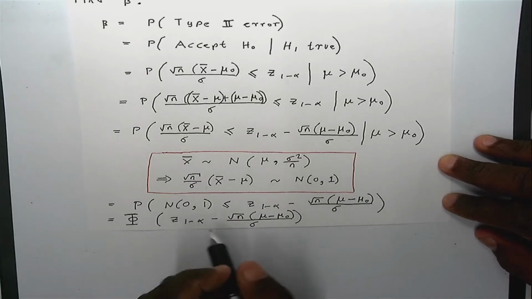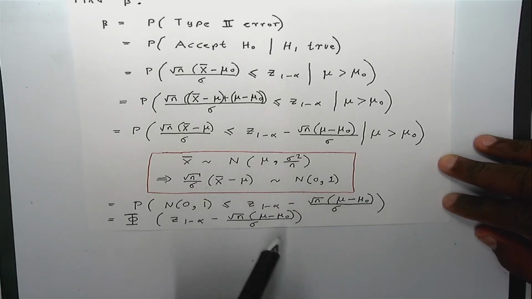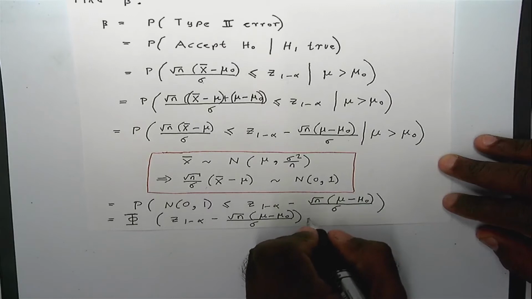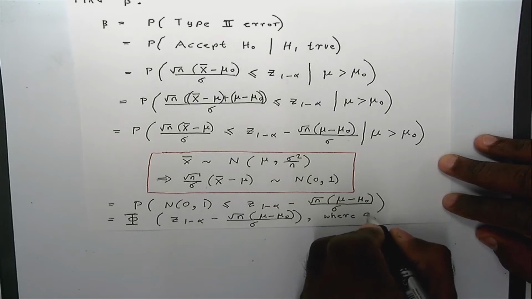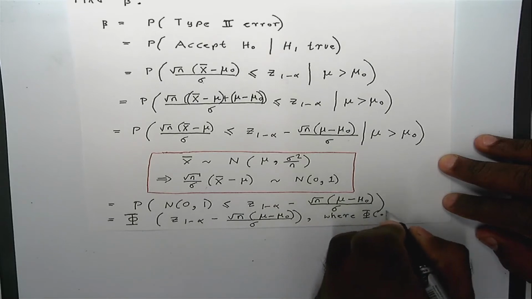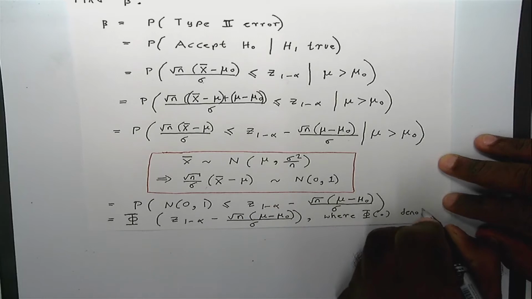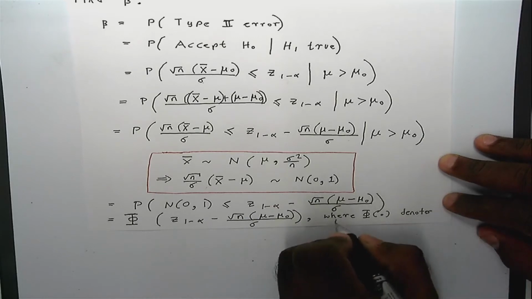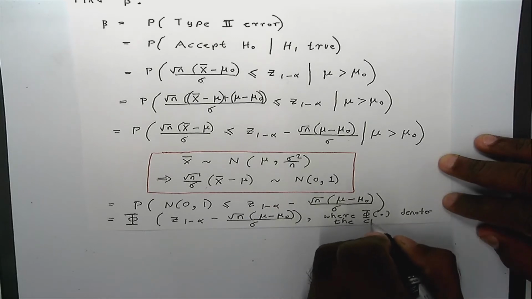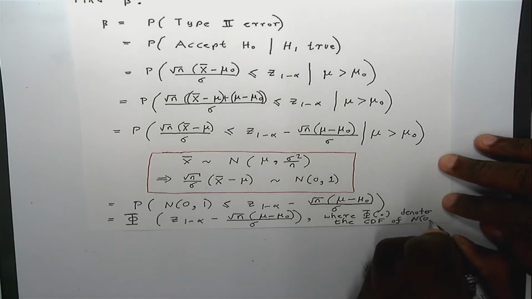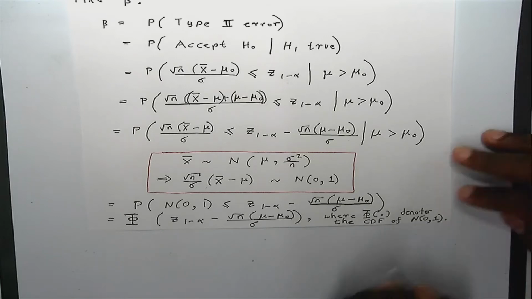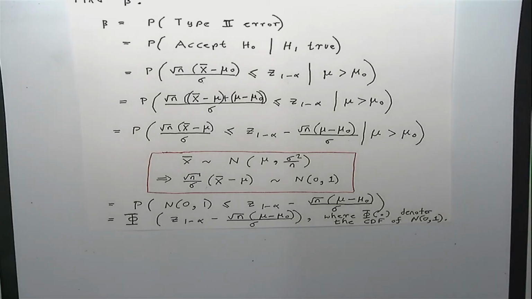This gives the answer to the question to find beta. So that's example 1.